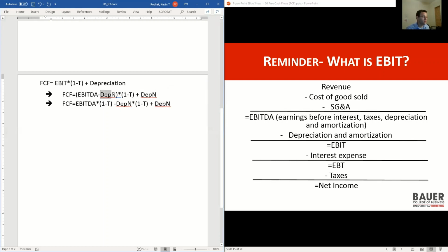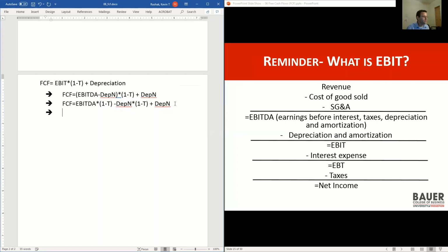All I did was I pulled out this depreciation times 1 minus t here. Okay, so now we're going to simplify one more time. How can we simplify this? Well, we've got minus depreciation times 1, and we have plus depreciation here. So these things are going to just cancel each other out. We're going to have minus depreciation, plus depreciation. The net effect is 0.